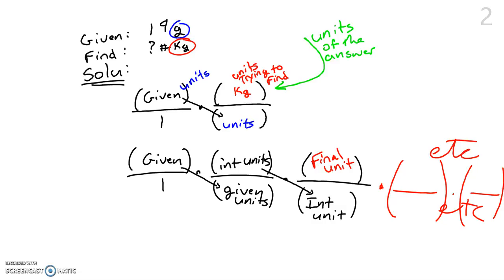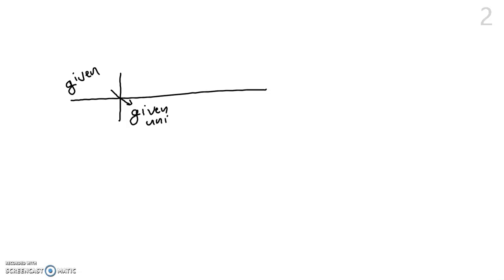Well, all these parentheses do kind of get in the way. So we have a simplified version for this. The simplified version is a line, which is going to denote our denominator, and a box. Here is what's given. These units are the same. Now, if we had an intermediate unit, it would go here. And of course, this would be the same as well.